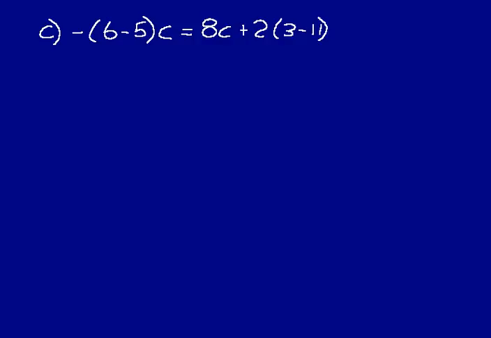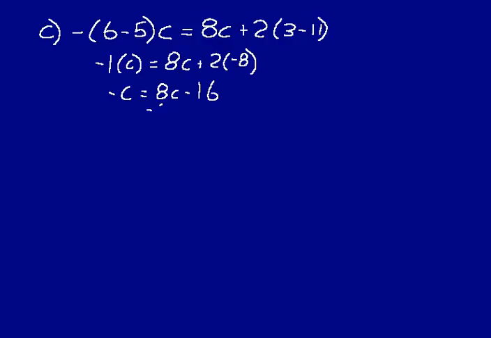So on the left, we would end up with -1 times c. And that's equal to 8c plus 2 times -8. And so then we just have -c is equal to 8c minus 16.